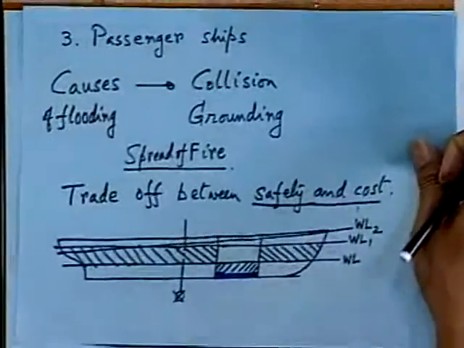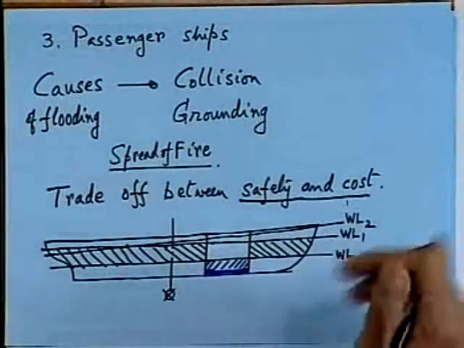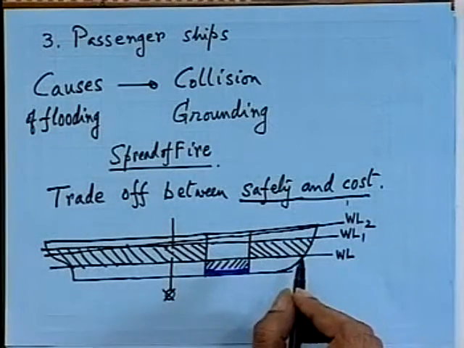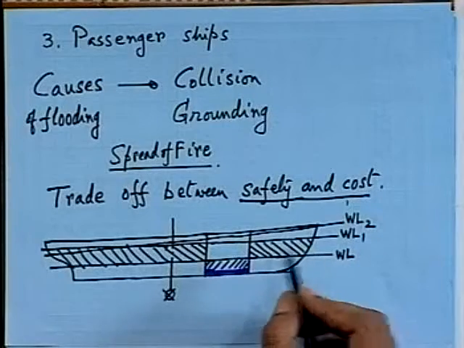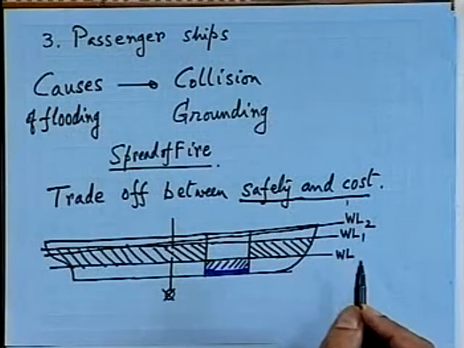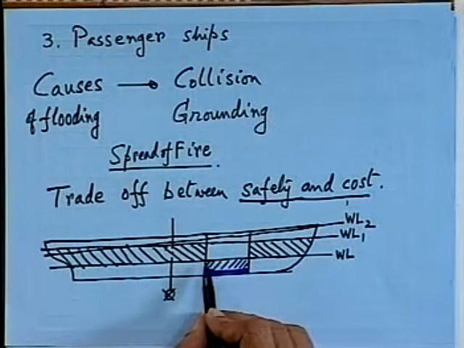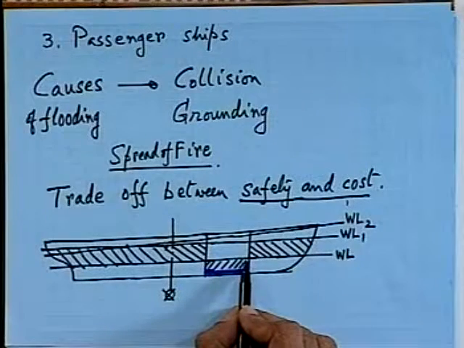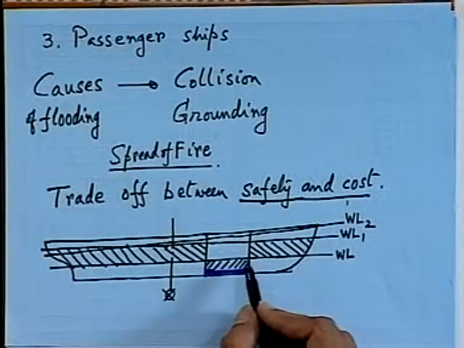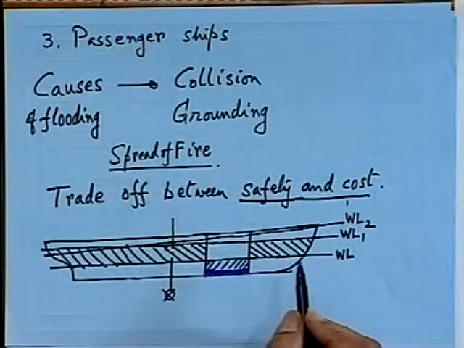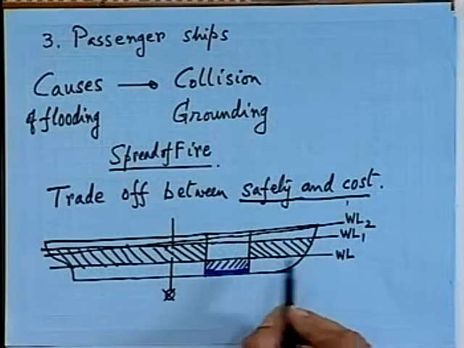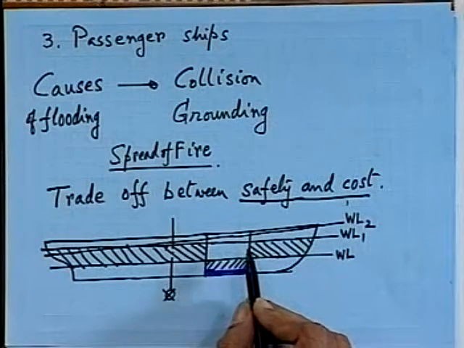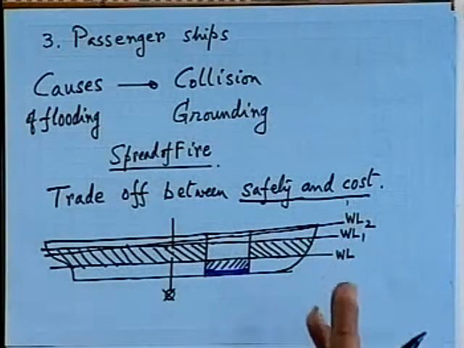Now, what happens is that the ship is not a rectangular box. If it is a forward compartment, the breadth of the compartment at WL will be somewhat less than your breadth at WL1 because of the curvature of the side shell.